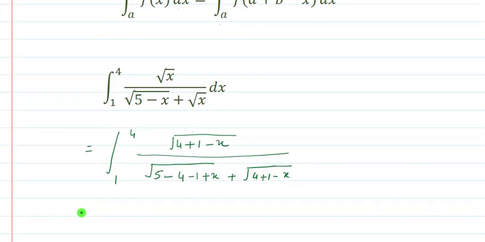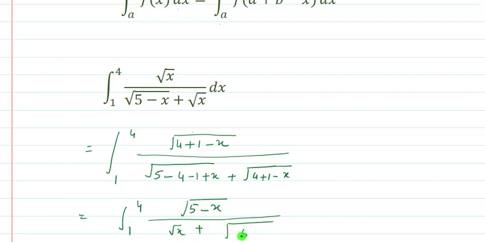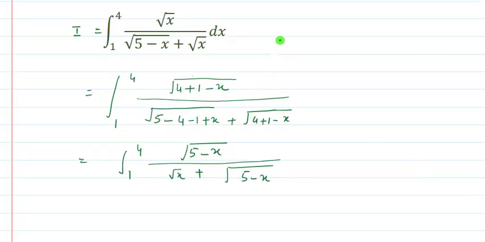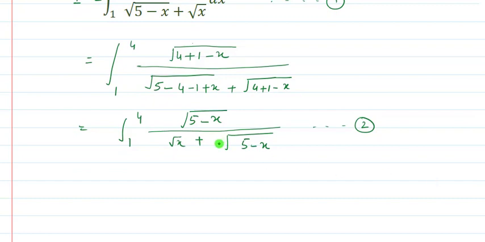So further we can write it as the integral from 1 to 4 of square root of 5 minus x upon, here we are left only with root x, plus, and here we have 5 minus x. As I told you, we should name the integrand in the starting as I. So this I is going with us. Now adding the two results, number 1 and number 2. The steps are the same as we were following in the property where we used 0 to a.